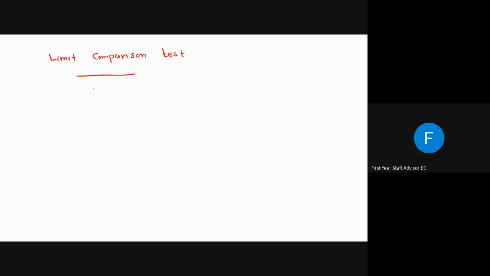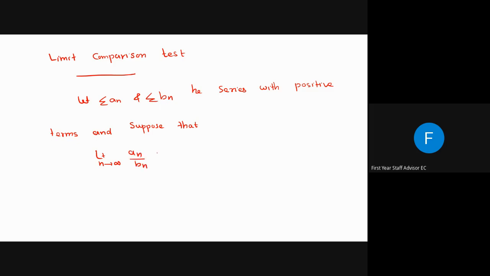Let summation an and summation bn be series with positive terms, and suppose that the limit as n tends to infinity of an by bn equals a finite value greater than 0.